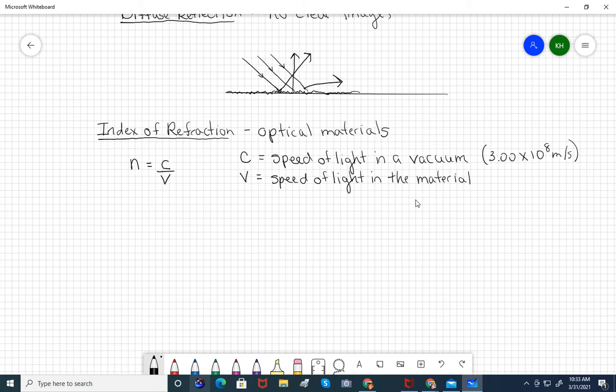Notice they're going to have the same units. So if you're thinking meters per second, that actually cancels out. The index of refraction is a pure number.